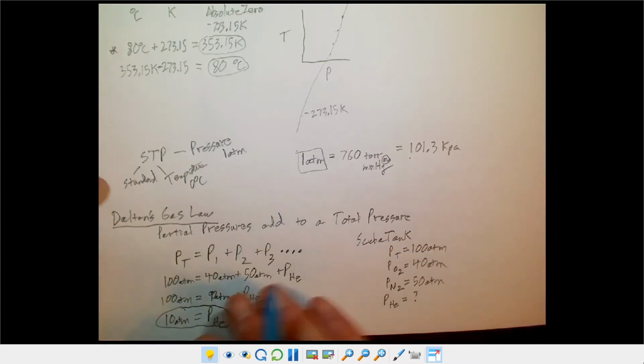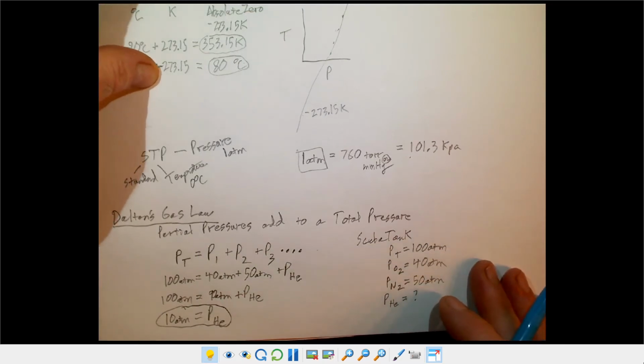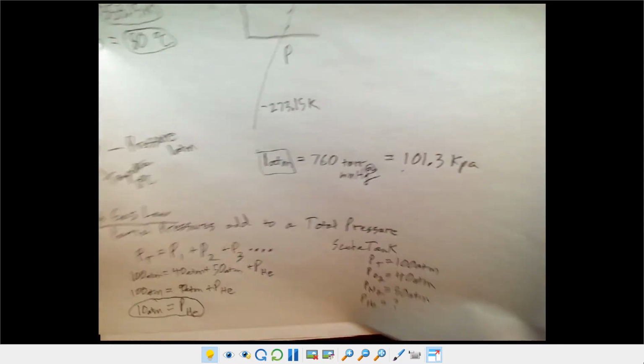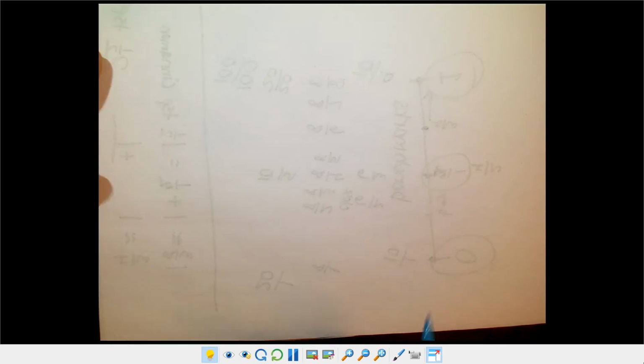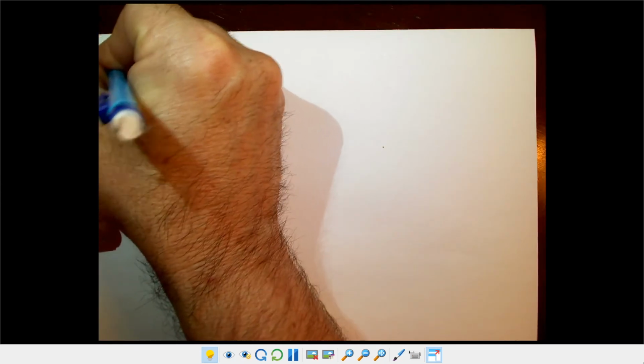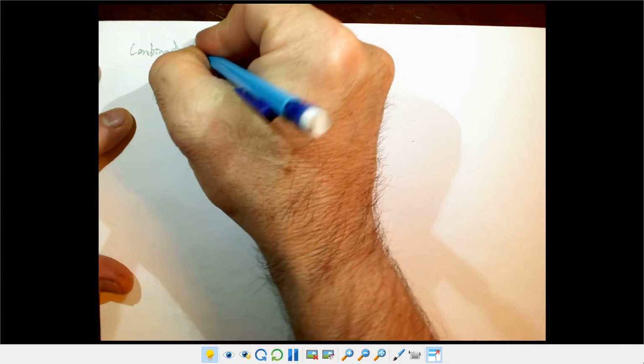Another one that they talk about is Boyle's and Charles's, and they talk about how that's derived from an equation called the combined gas law. So let's do that one. Combined gas law.